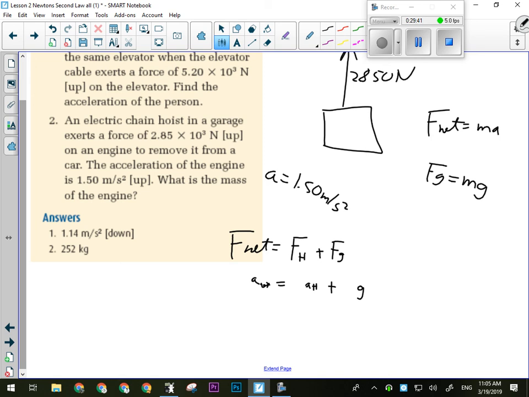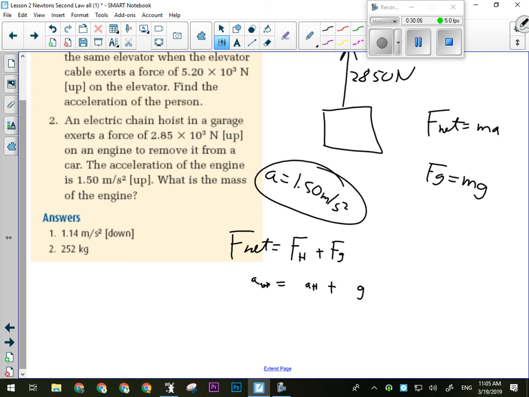All right, now you're probably looking at it and going, how the hell does that help you? You're looking for mass. You don't have this number, but do I have this one? It tells me the engine is accelerating at 1.5 meters per second squared up. Do I know this number? Yeah, it's 9.81. Can I calculate this number?